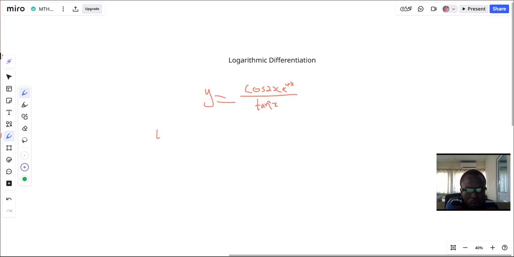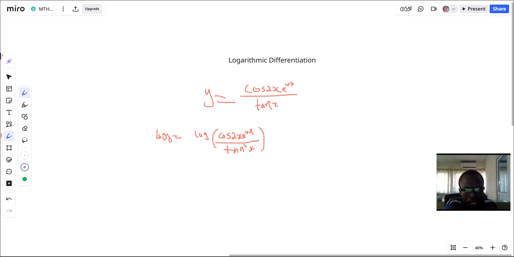Therefore log y is equal to log of cos 2x e power 4x all over tan square x.